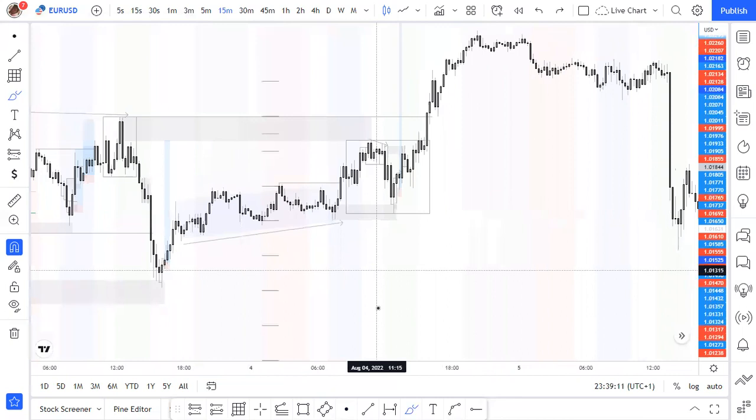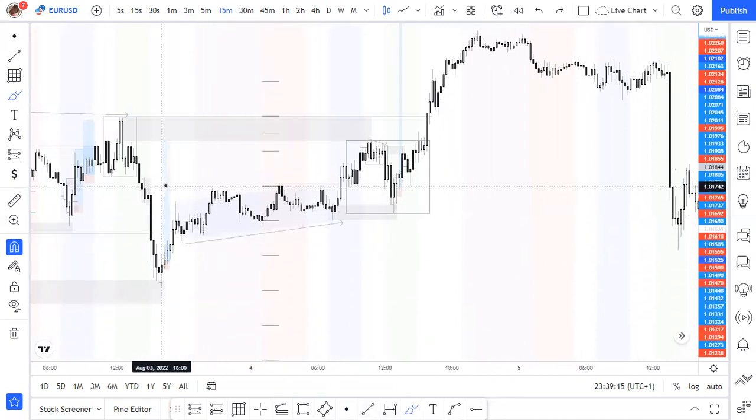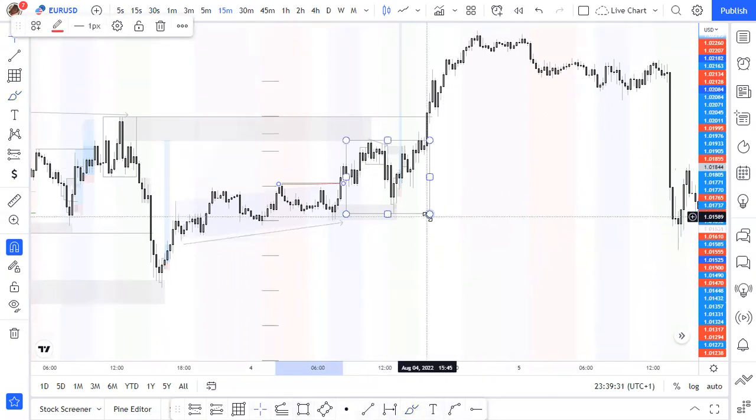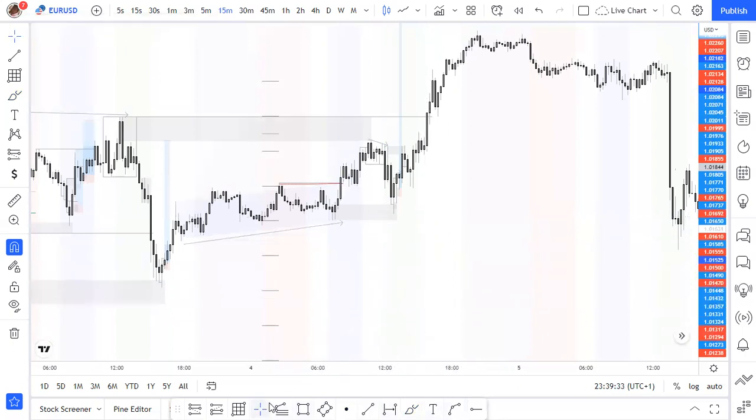So when I started seeing this, the 4 hour confirmed structure is bullish, and the internal structure here is just forming some kind of higher low. Let me move this range.